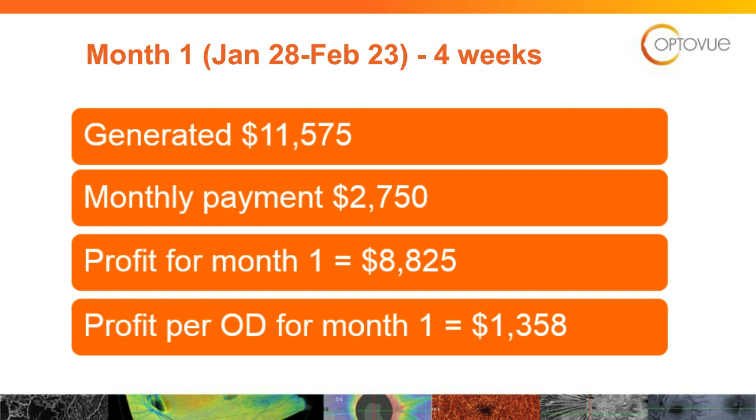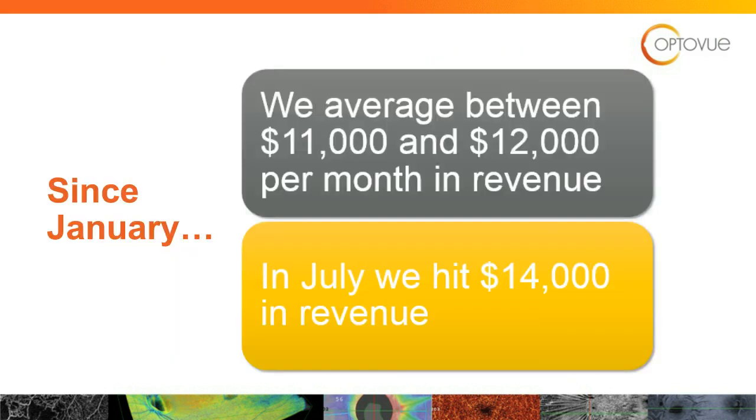And if we calculate our monthly payments, kind of subtract that out, our profit per optometrist per month doing wellness was $1,358. And then in July, we hit 14,000 in revenue. We've never been under 11.5 from that first day, and here we are 9 months, now 11 months into it.